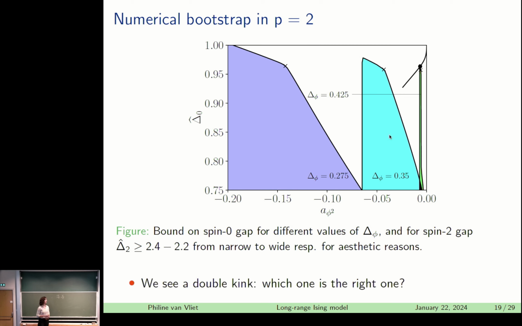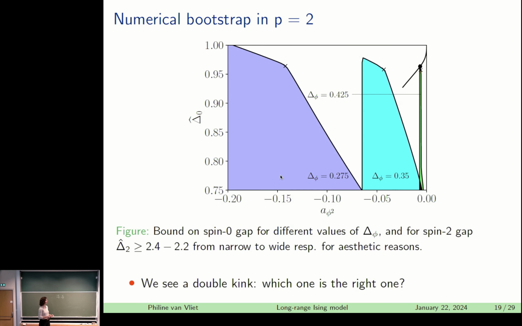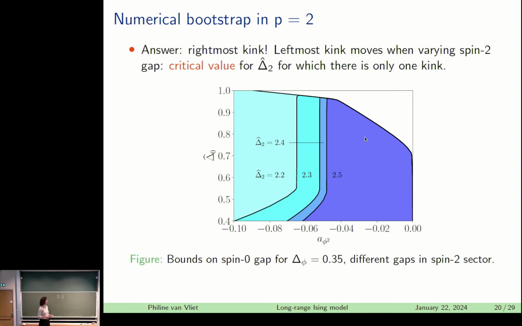So now I explained that these kinks are normally an indication for the CFTs, but for each of these values we actually see two of them, while we were only looking for one long-range Ising model. So the question is, which one is actually the right one to look at? And for this, what we did is we varied this gap in the spin-2 sector. So this plot is the same plot as before, but now zoomed in on this light blue region.